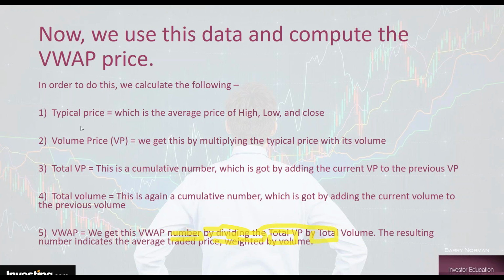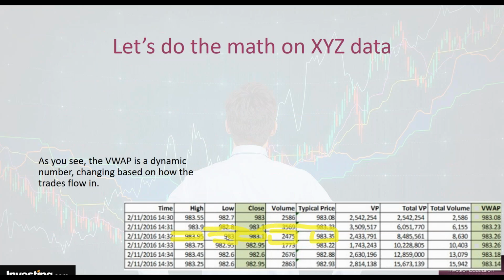So what we have is now we've achieved our typical price. Now we want our volume price. We get this by multiplying the typical price with its volume. So we now take this price times this price.